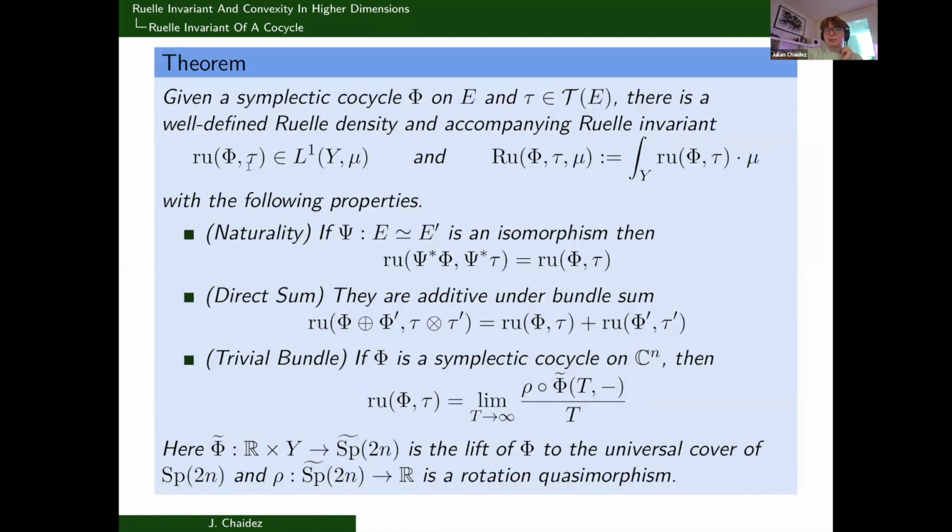The fact that this function little Ru is well defined in L1 is some ergodic theorem. Is it Kingman or something like that? Yeah, it's this Kingman ergodic theorem that showed up in our first paper. So if it's not measure preserving, then you can't invoke that.